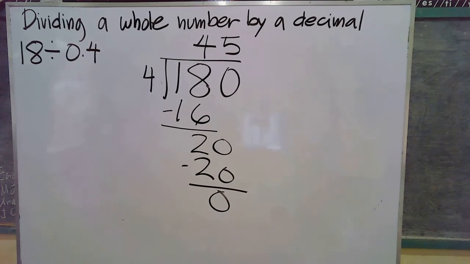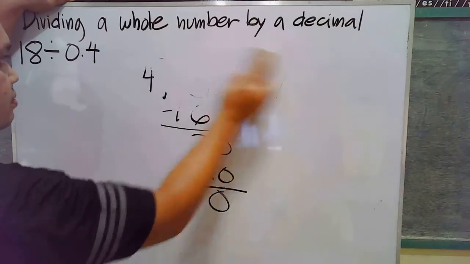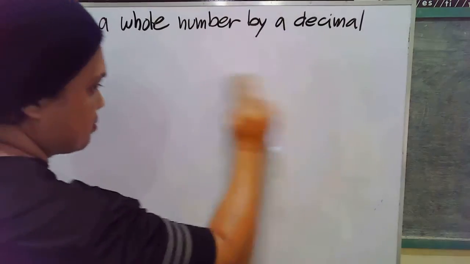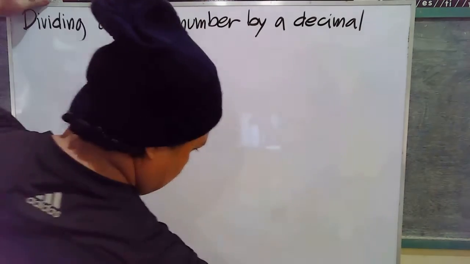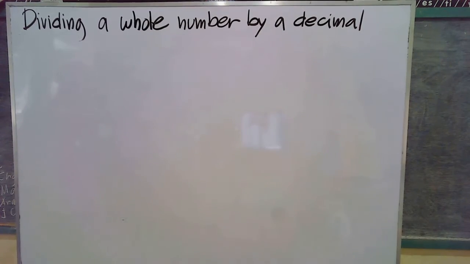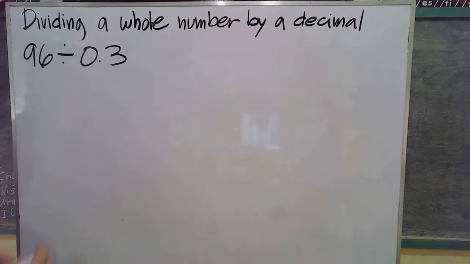Okay, so let's have some more examples. We have a whole number divided by a decimal number.